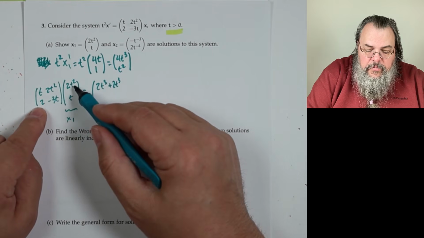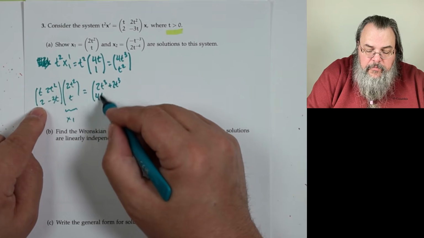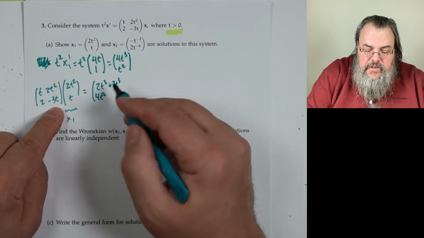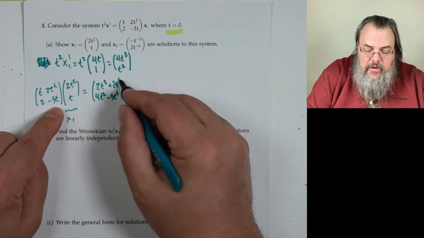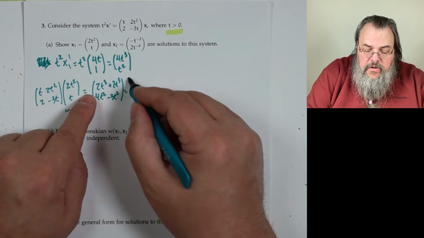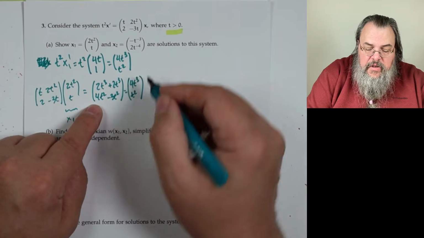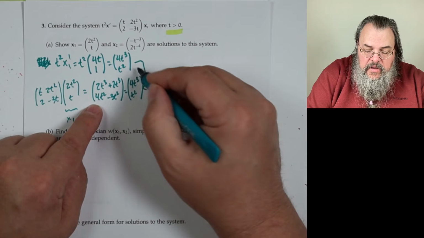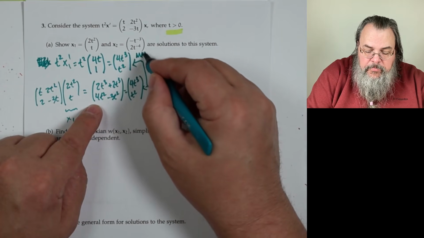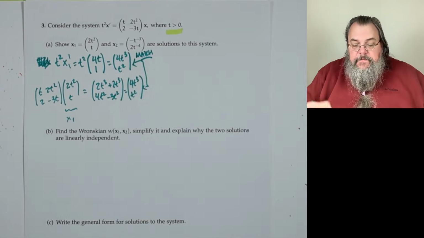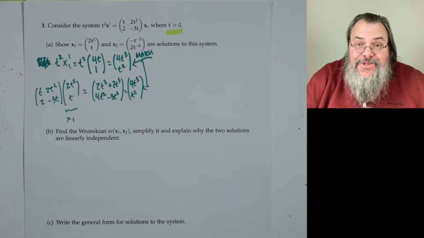Then it's 4t squared minus 3t squared, which is 4t cubed and t squared. And the key here is they match. If they match, that's a solution.